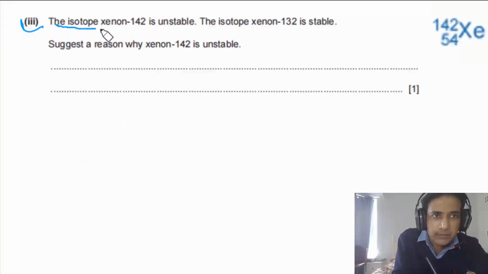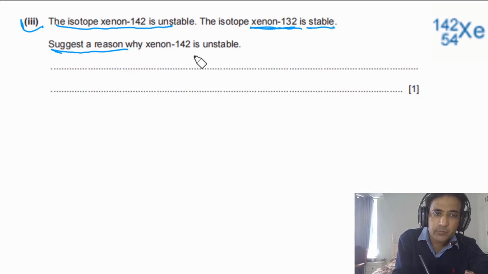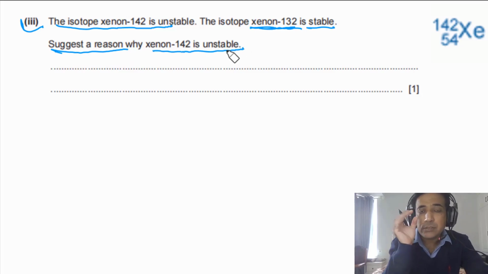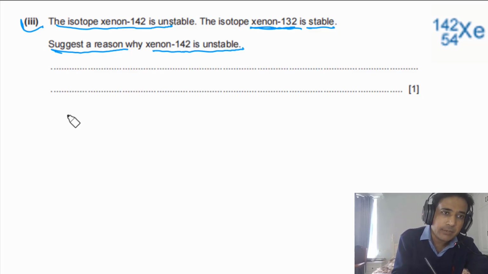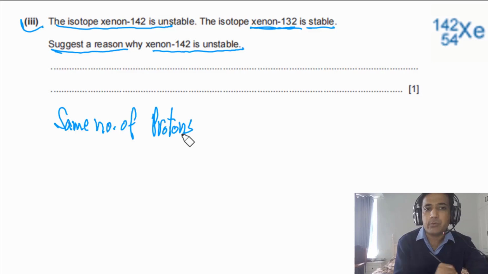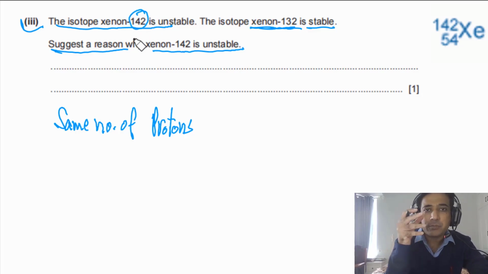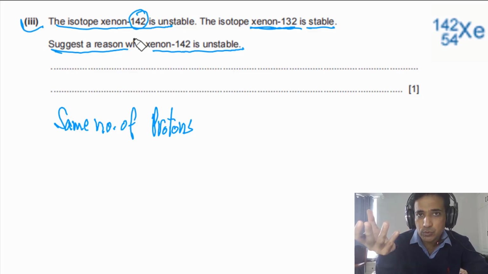Third part says the isotope xenon 142 is unstable. The isotope xenon 132 is stable. Suggest a reason why xenon 142 is unstable. As these are isotopes of the same element, they have the same number of protons. As this one has a higher mass number, it has more neutrons.